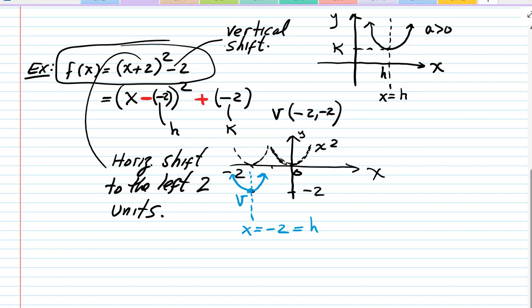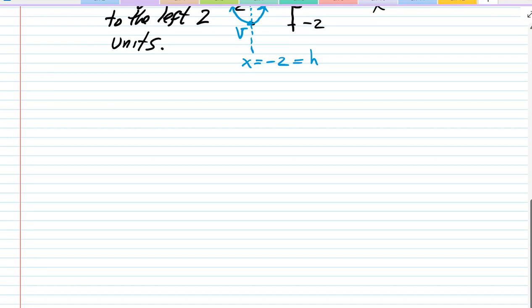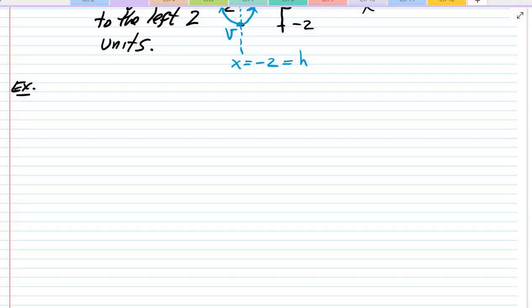Now let me make an example where we do not have the HK form. So in my next example, we're going to look at the case where we actually do not have the HK form. For this one, I'm going to go f of x is equal to x squared plus 4x plus 2.